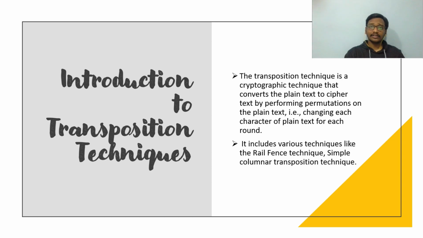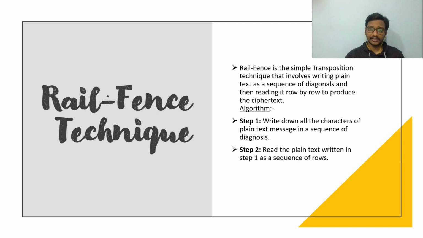Coming to the rail fence technique, rail fence is a simple transposition technique that involves writing plain text as a sequence of diagonals and then reading it row by row to produce the ciphertext. So in the rail fence technique, we take the plain text, write it as diagonals, read it by row, and convert it into the ciphertext.